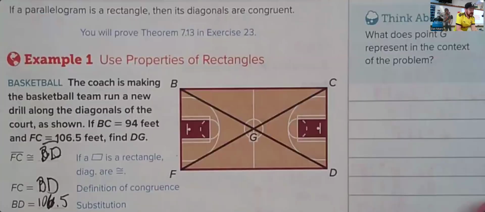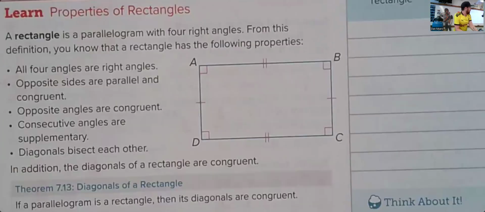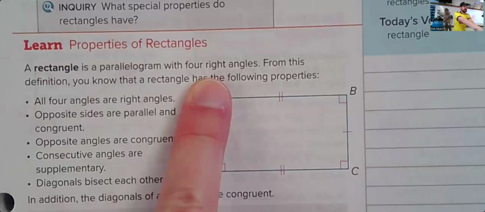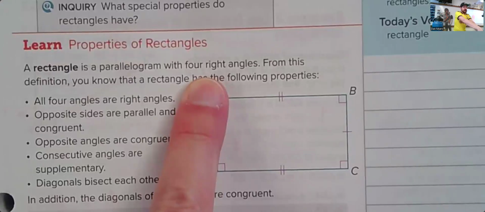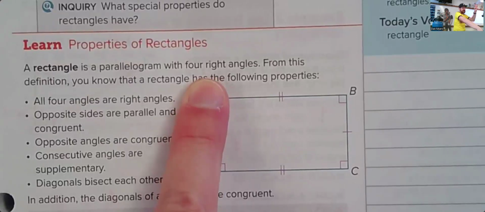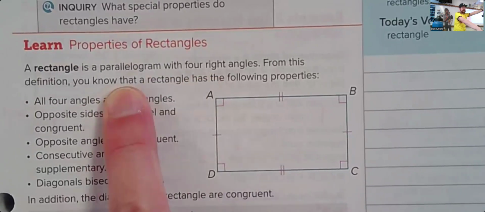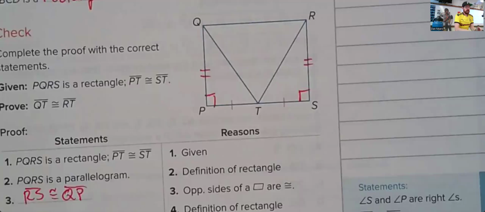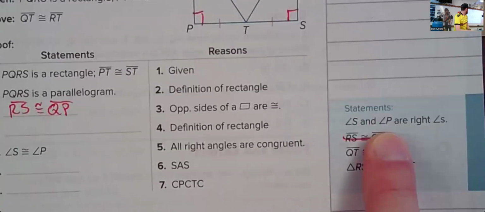It says a rectangle is a parallelogram with 4 right angles. So there are 2 things that we are told are part of a rectangle. First thing is it's a parallelogram. Second thing is all the angles are right angles. So that would be exactly what Zach just said. Angle S and angle P are right angles. So that's the statement there.